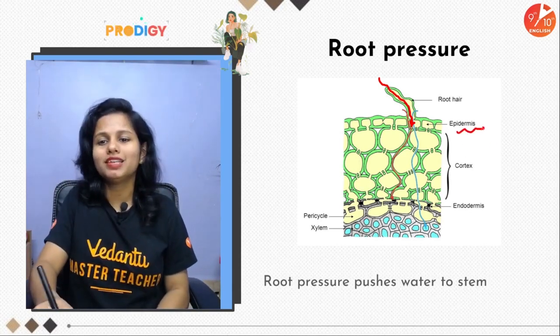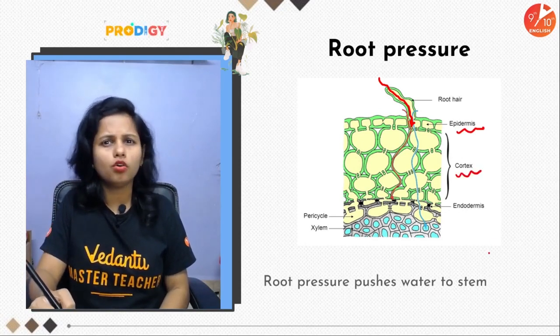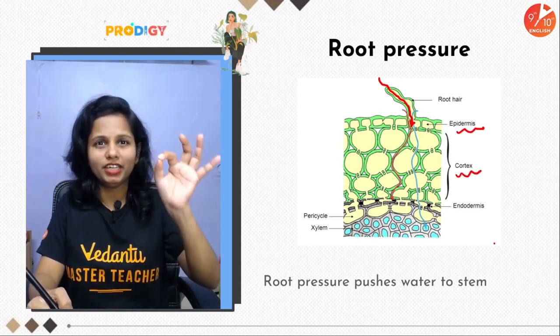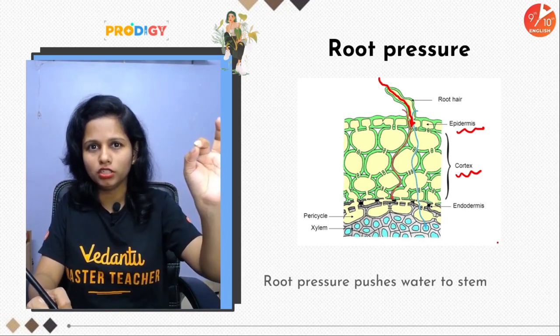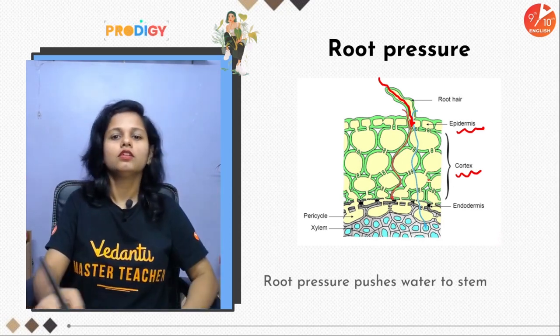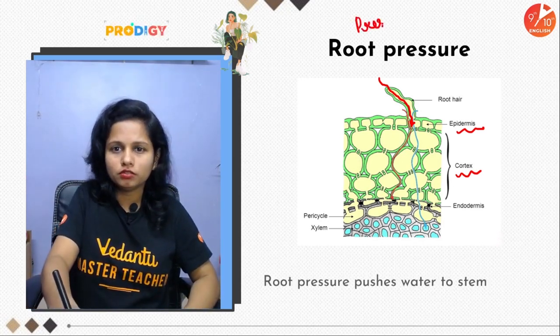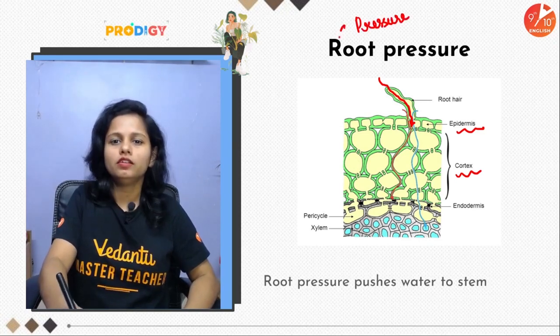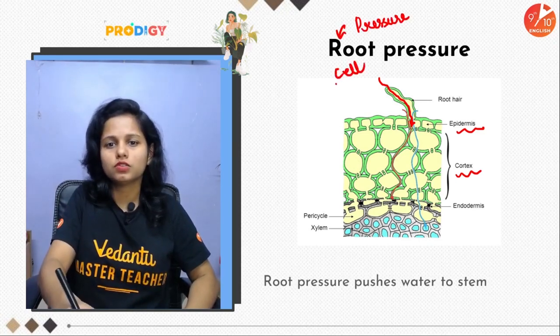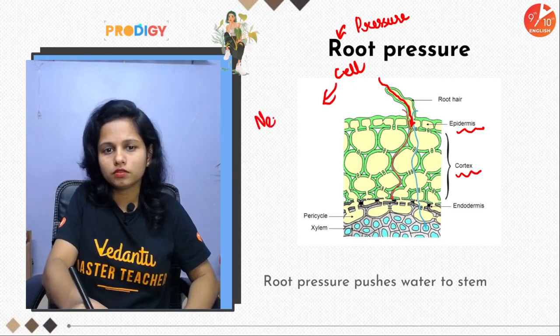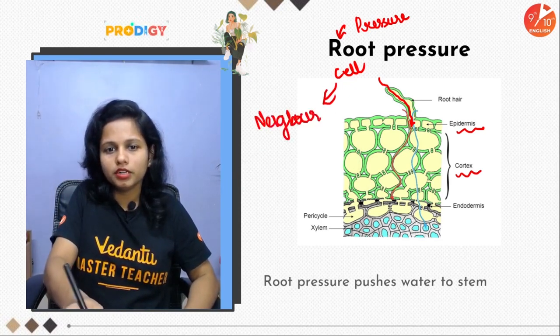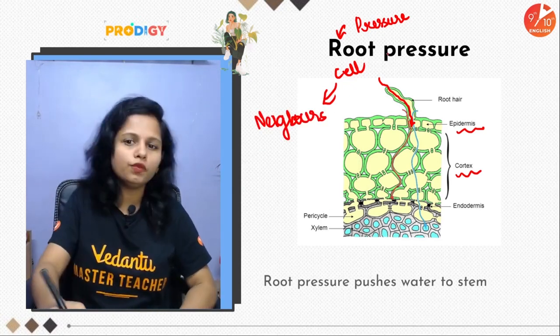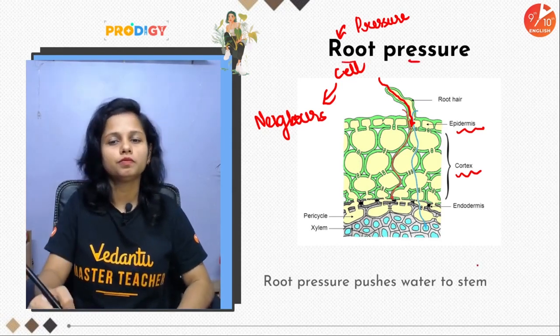The neighbors of epidermal cells are cortex cells. So the pressure exerted by the root cells onto the neighboring cells is what we call root pressure.